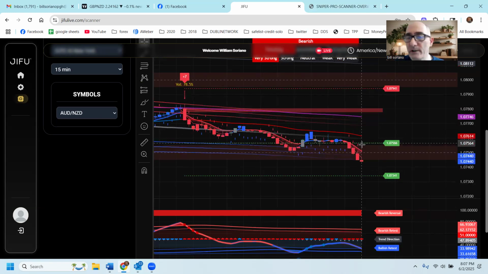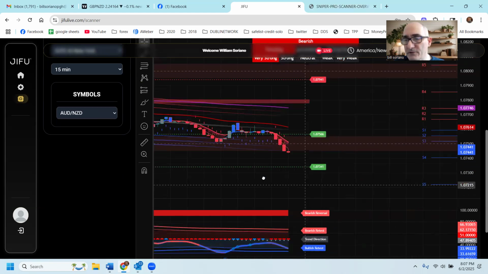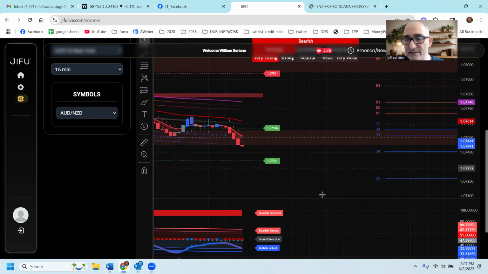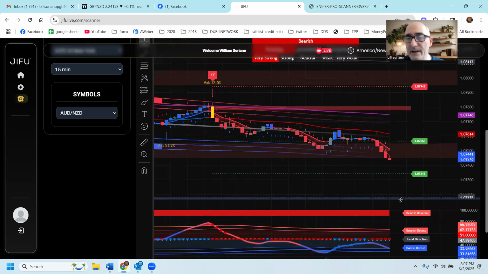Some people might want to move the stop loss to break even once they hit take profit 1, and then move it to take profit 1 once they go through take profit 2, and then just let the trade run to take profit 3, right?